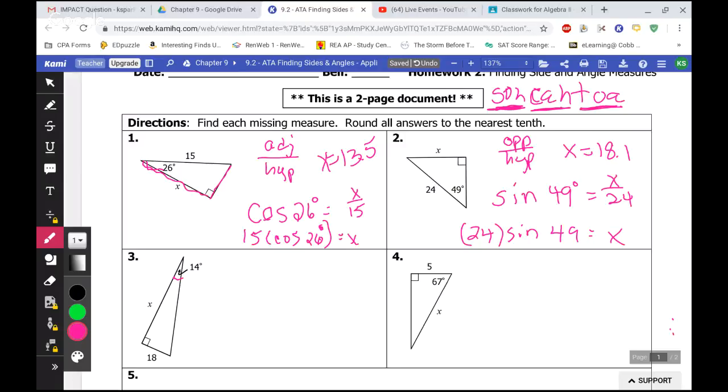In this particular one, we have opposite over adjacent. So that's going to be our tangent. So tan 14 equals 18 over x.